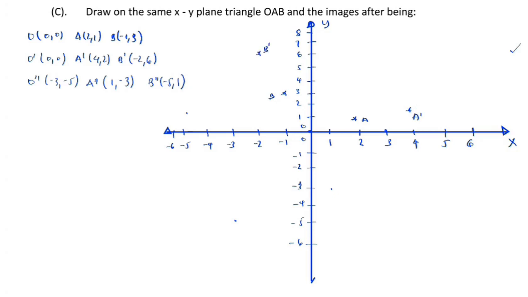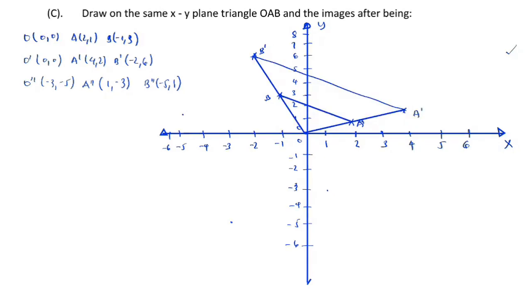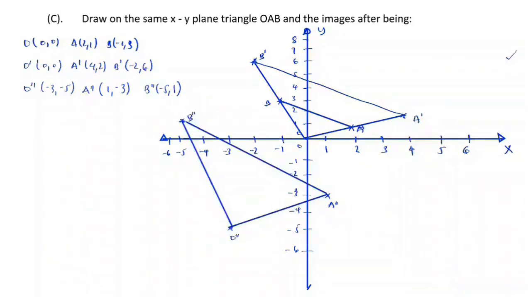So we can just connect these lines to form a triangle. And last, for the translated triangle, our O is going to be here, A is going to be here, and B is going to be here. And connecting them, this is going to be our sketch.